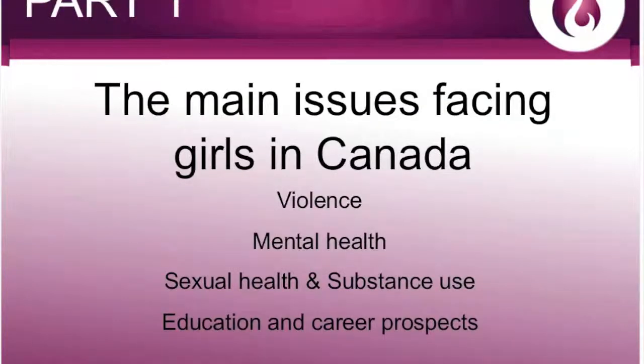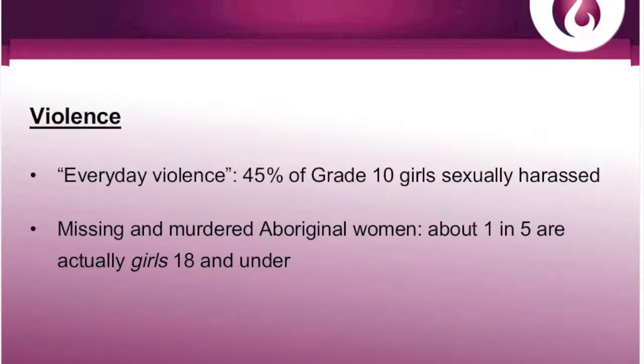So first of all, in terms of the main issues facing girls in Canada, violence, mental health, things to do with sexual health and substance use, and education and career prospects were some of the main things that we covered in Beyond Appearances. And of course, we discovered that they are interconnected, which you probably know if you do work with youth.